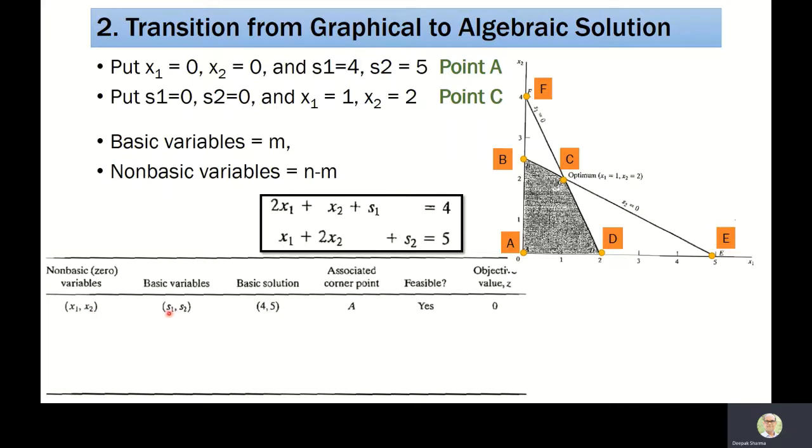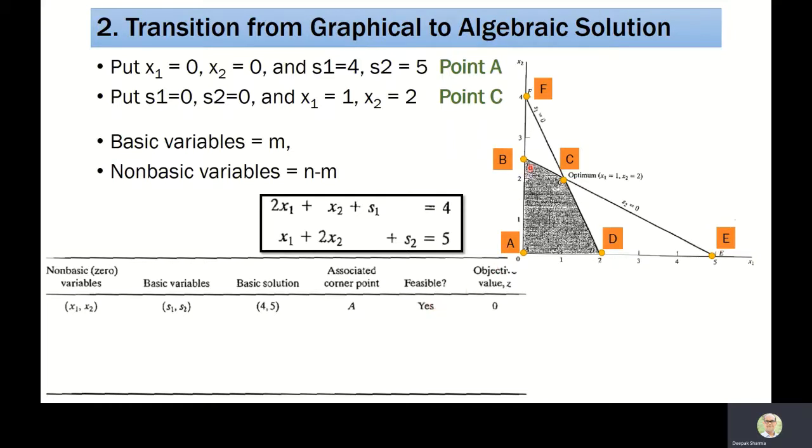The remaining two variables, s1 and s2, will become basic variables. And we know earlier how we found the values of s1 and s2: the same 4 and 5 values we get. This corresponds to solution A, so we have written corner point A.